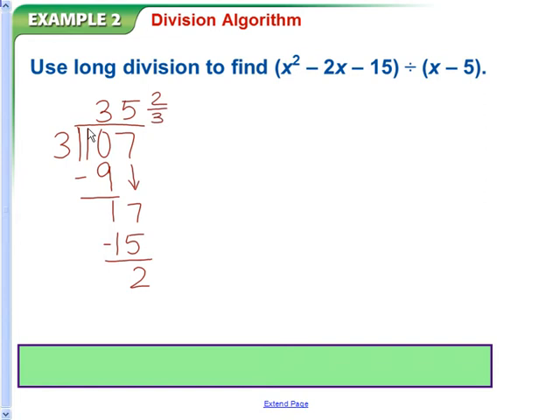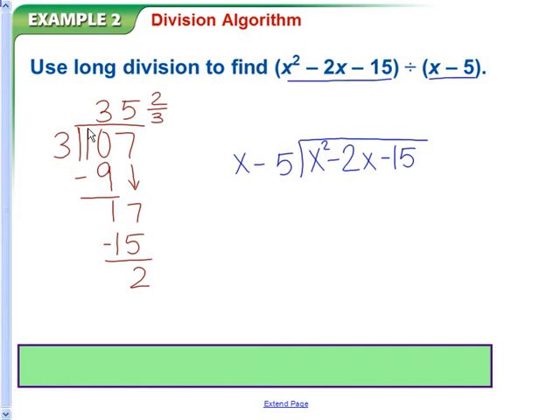Okay, we're going to do that same concept, but we're going to be using algebra. So all these variables and everything. So let's look at this problem. So this is what goes inside the dividend bar. And x minus 5 goes on the outside. Okay, so here's where we start.